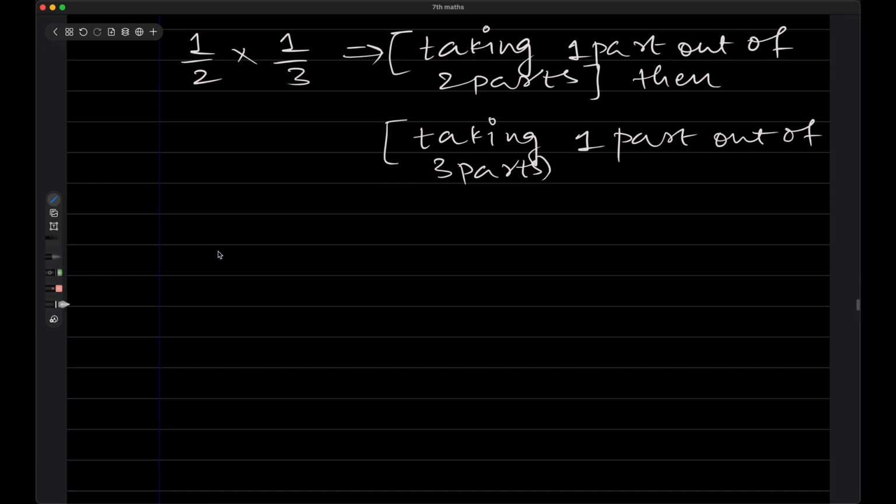Now let us visualize this. First I will take a circle. I will first divide it into two parts, that is 1 by 2, then take one part out of two parts, that is half of a circle.